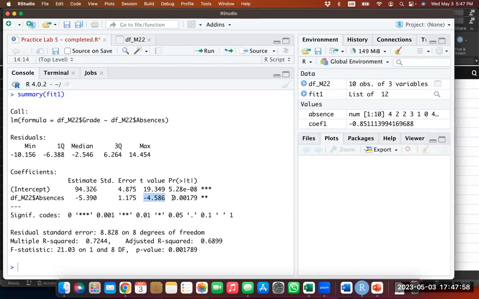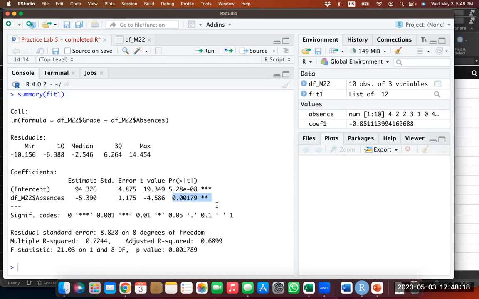So both correlation and regression follow a t-distribution. What the p-value indicates here is that it's smaller than 5%. That means it's a significant slope. And here it also indicates scientific notation.